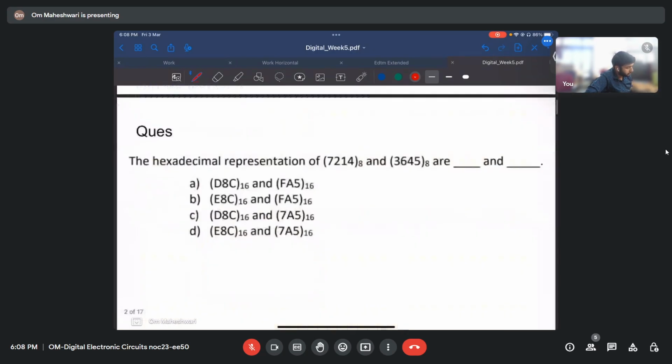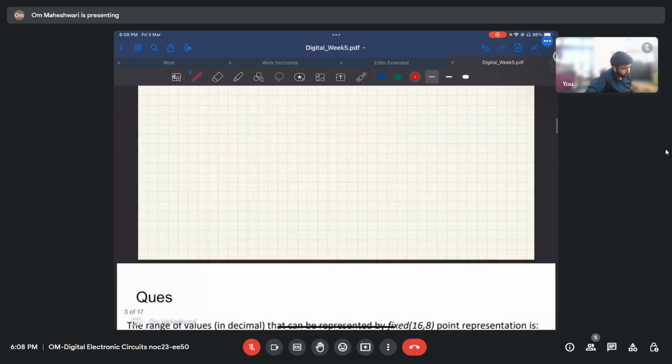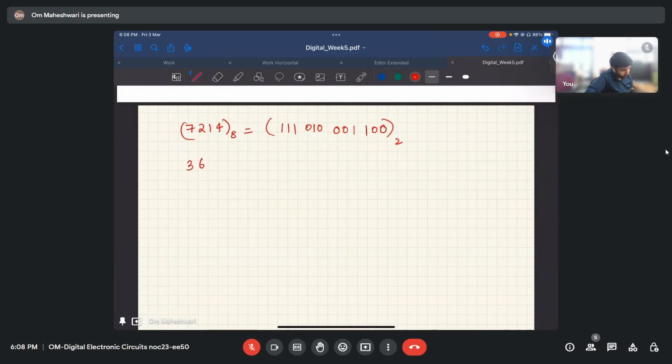Similarly, the other number is 3645 in octal, which we can write in binary. 5 is 101, 4 is 100, 6 is 110, and 3 is 011.